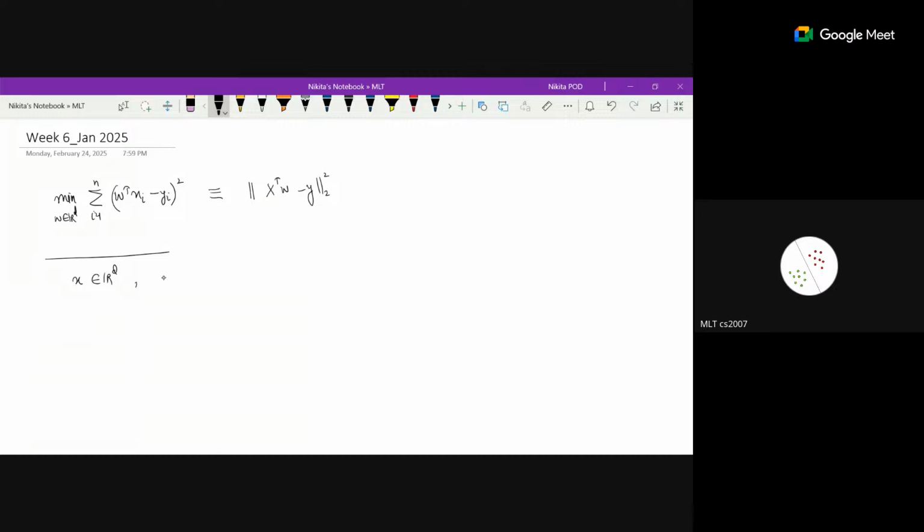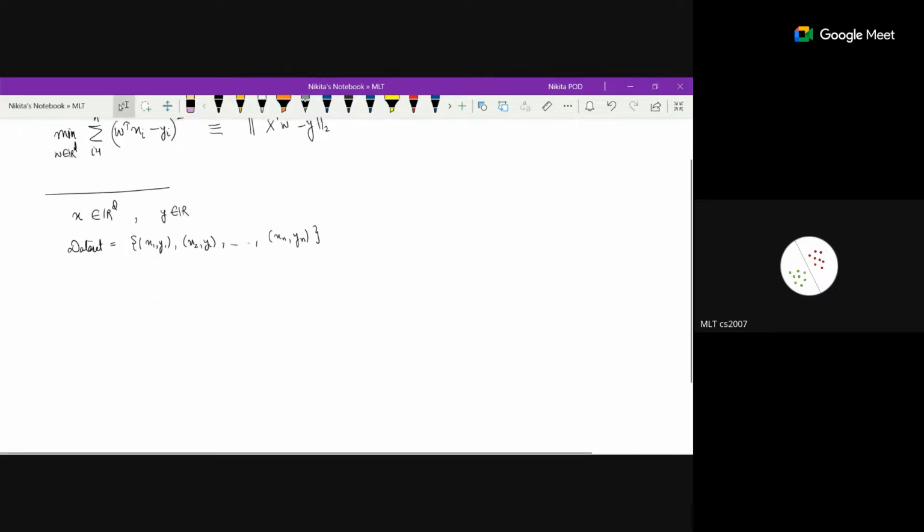The feature space X belongs to R^d, and Y belongs to R, and this is my data set: X1 Y1, X2 Y2, so on till Xn Yn. So we have n observations, where X belongs to R^d and Y belongs to R.